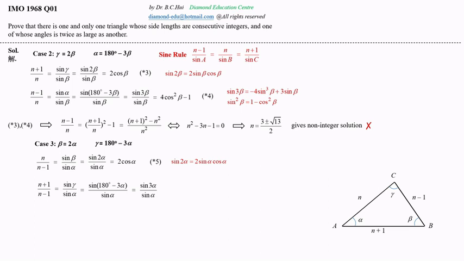Sine of this angle equals sine 3 alpha, where sine 3 alpha equals 3 sine alpha minus 4 times sine cube of alpha. And sine squared alpha equals 1 minus cosine squared alpha. So this becomes 4 times cosine squared alpha minus 1. We call this result equation number 6.